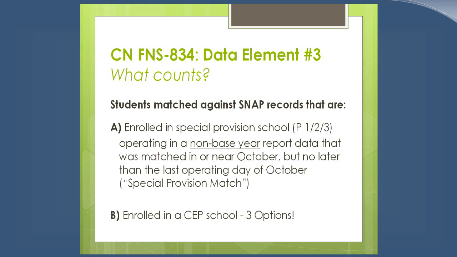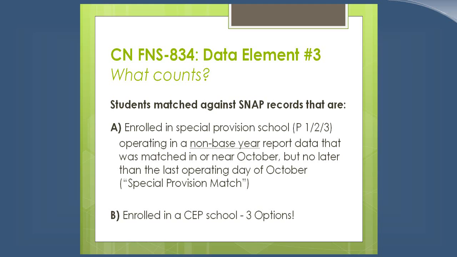So, on the child nutrition FNS-834, data element number 3, what counts for that? We know that data element 1 is from the 742, which is reflective of October data, and data element 2 is the SNAP data, reflective of July, August, and September.